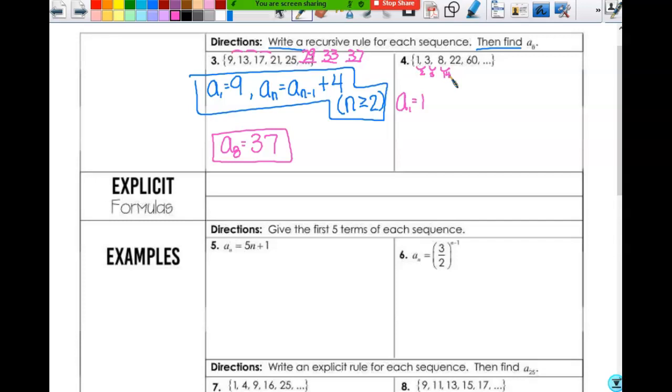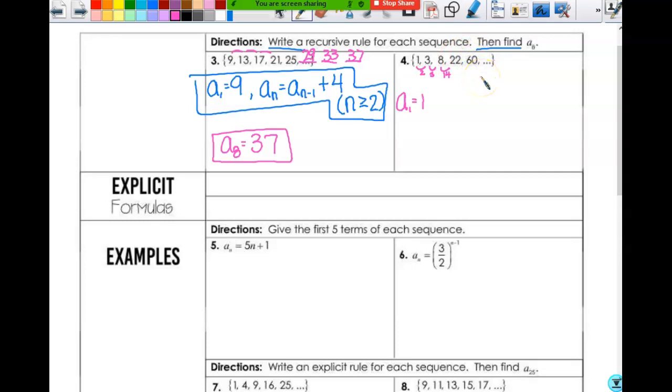So maybe we think Fibonacci-wise, and I add the 2 terms. Well, 1 plus 3 is 4. 3 plus 8 is 11. Would that work? So 3 plus 1 is 4, I double it and get 8. 3 plus 8 is 11, I double it and I get 22. Add these together, get 30, double it and get 60. So that looks pretty good, right?